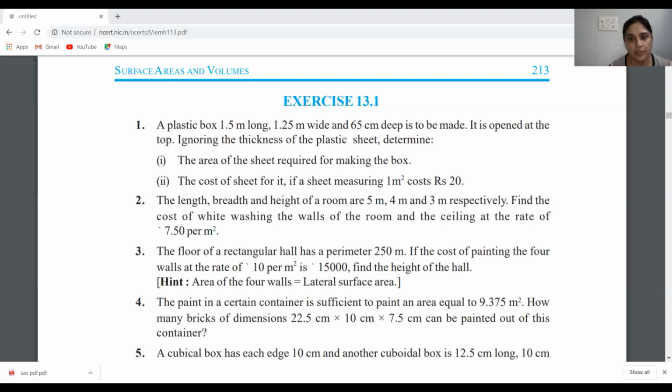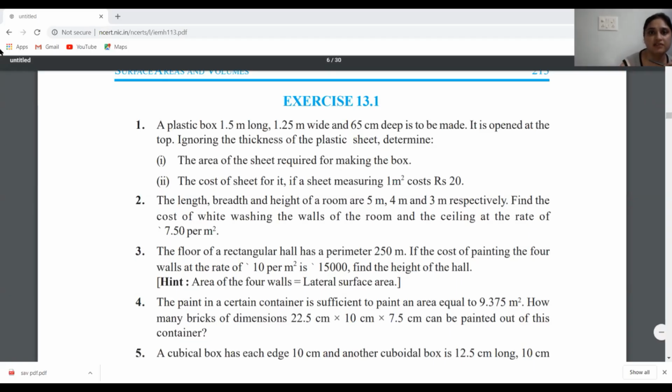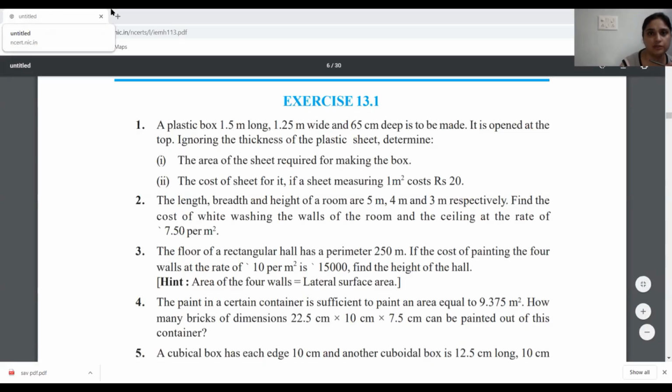So using the perimeter we can get some values which we are going to use in the lateral surface area which is provided to us, because four walls if we are talking about, that means हम lateral surface area की बात कर रहे हैं. So let us proceed. I will tell you how you are going to do this question.